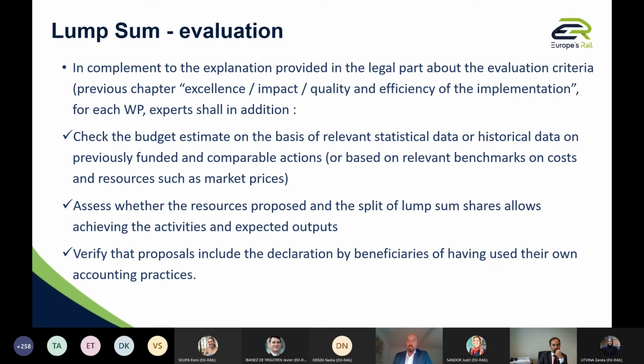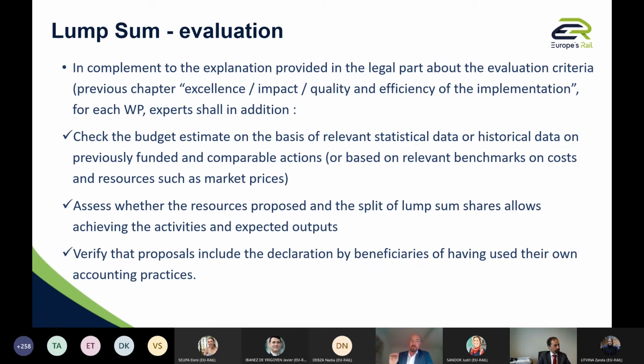However, coming from the decision of implementing grant agreements under the lump sum scheme, there are some additional conditions that will be verified for each work package of your proposal by experts.